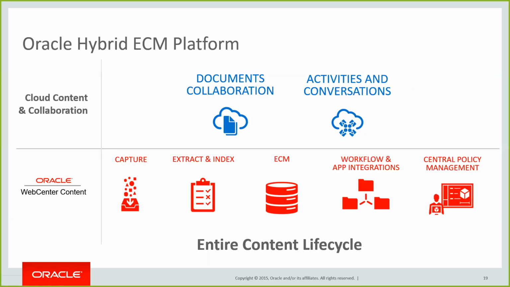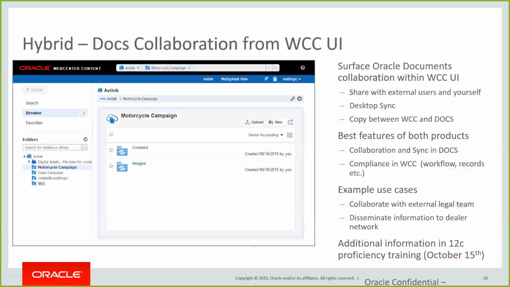And Oracle Hybrid Enterprise Content Management Platform is providing just that. It's providing an integration between Oracle Web Center Content and other solutions like Enterprise Capture with Oracle Documents Cloud Service, enhanced with the social collaboration provided by the Oracle Social Network. So let's see how it's actually available.